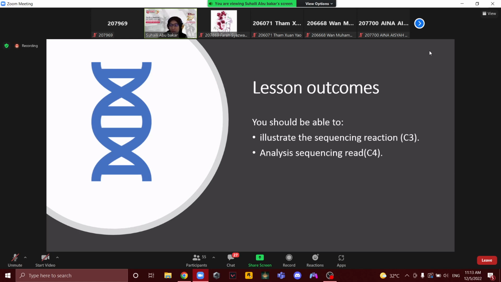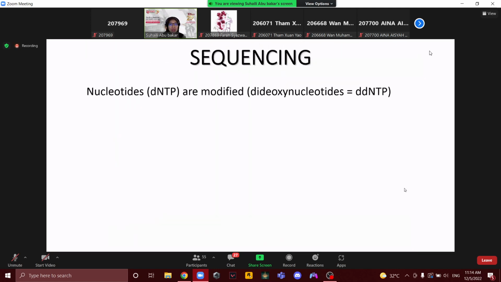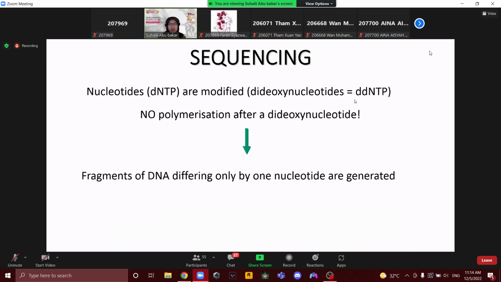Okay, when you can produce the reading, that means you are able to read the sequencing result. Remember, because of this, for sequencing the nucleotide dNTP is modified to ddNTP, dideoxynucleotide. What is the difference between dNTP and ddNTP? When it's been modified to ddNTP, no polymerization happens after ddNTP has been added.